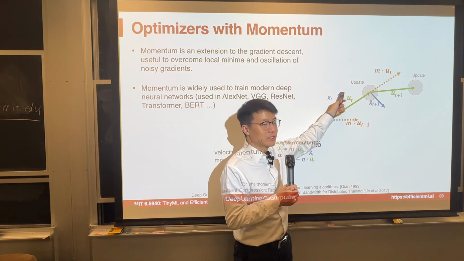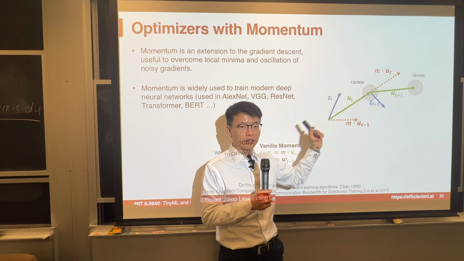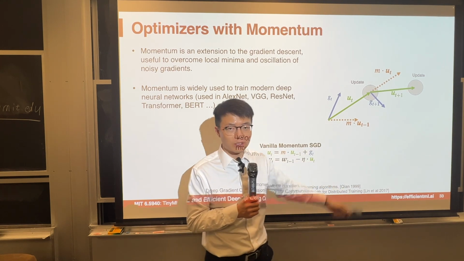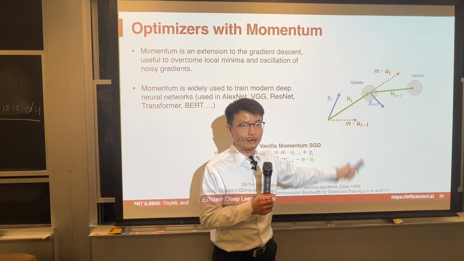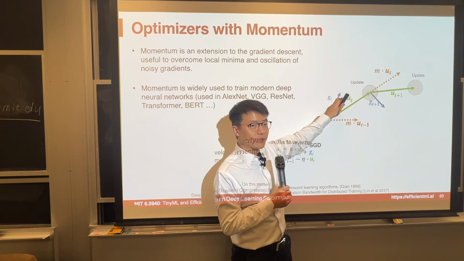So you have a gradient, and this is the direction of the previous step. You discount it by a number that's smaller than 1. We call it M, momentum. This is your previous direction. This is your new direction.